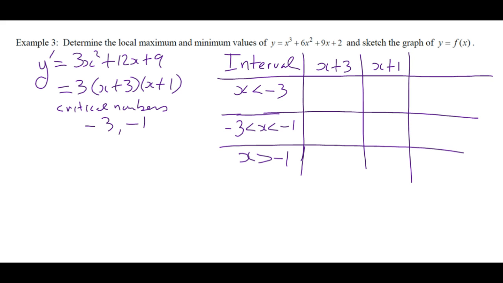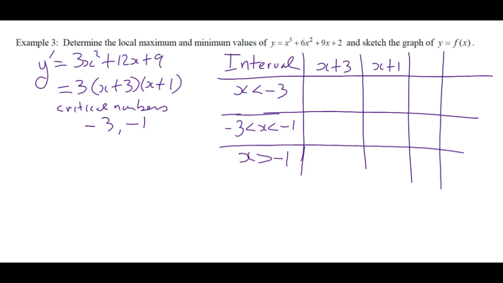I'm not going to worry about the factor of 3, right? It's always positive. It's not going to affect anything. That's just always a 3. Now, if that were a -3, then I would worry about it, because that means it would always be negative, and that would affect what's going on there. If it were a -3, I would put it in here because for all of these intervals, it would be negative, and that would affect things.